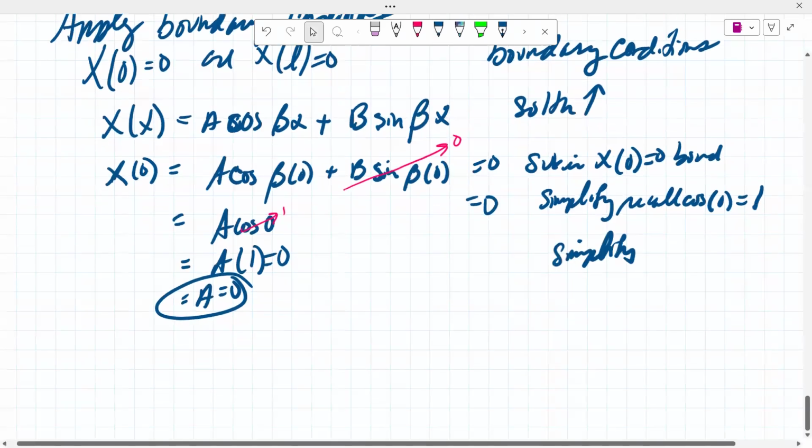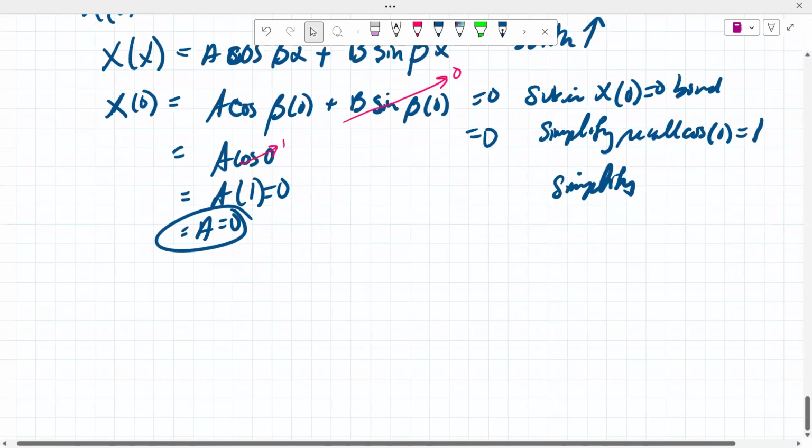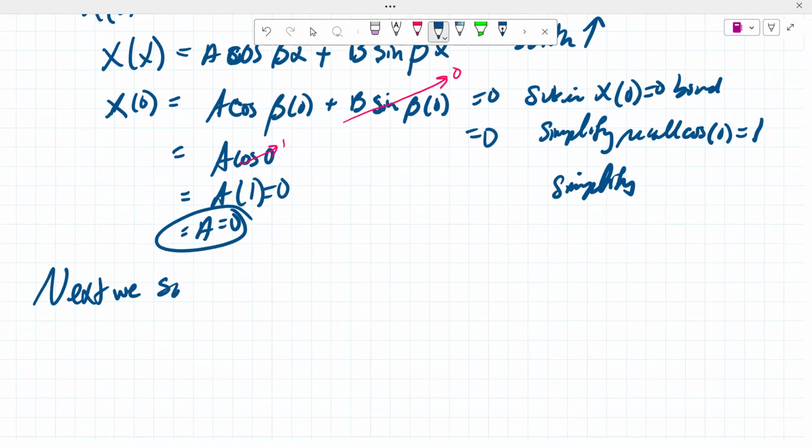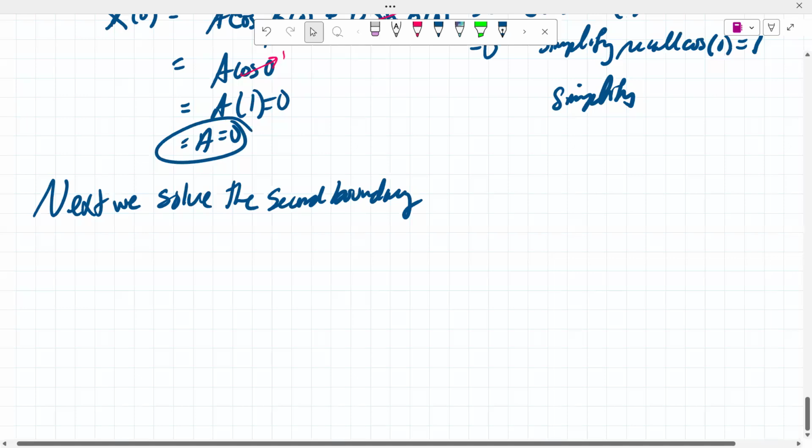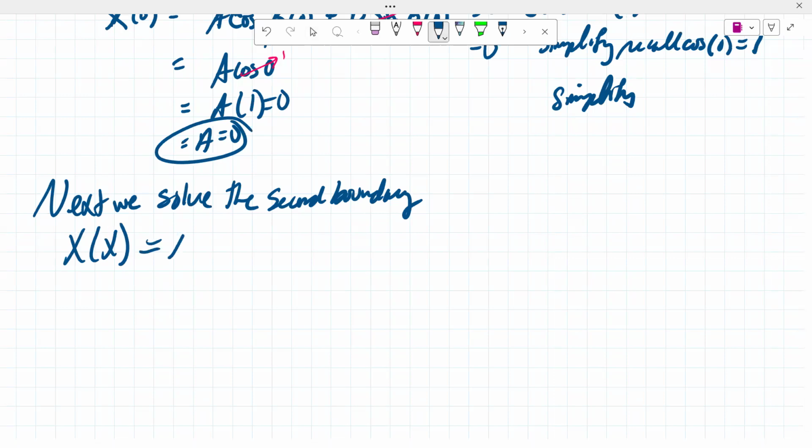And here we simplify again. Next, we solve the second boundary. So x of x equals a cosine beta x plus b sine beta x.